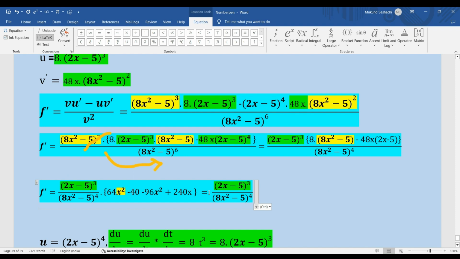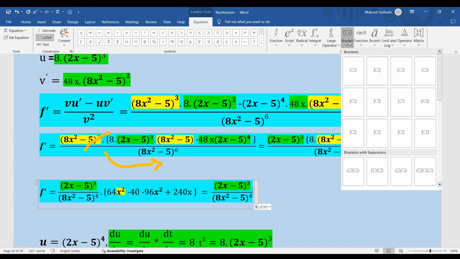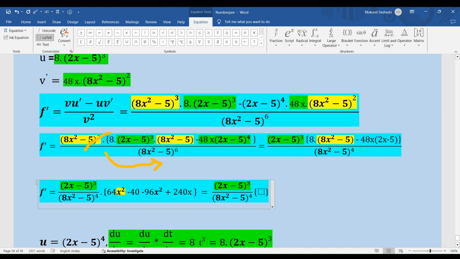What is that simplification? My 64x² − 96x² is nothing but −32x². So I write −32x², and then I have a plus 240x, right? And then I have a minus 40, right? Looks like we have a quadratic expression, which is −32x² + 240x − 40, right?